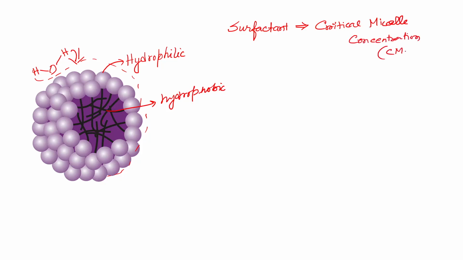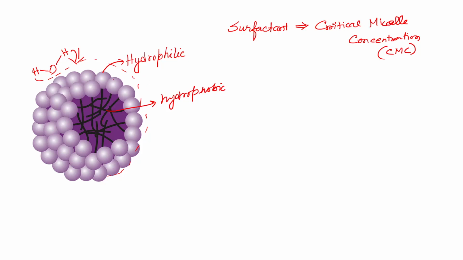This CMC depends on the surfactant itself, and we will not go into what the critical micelle concentration is and how it changes with the surfactant. But we have to focus on what changes occur in the entropy and the enthalpy when the micelles form.